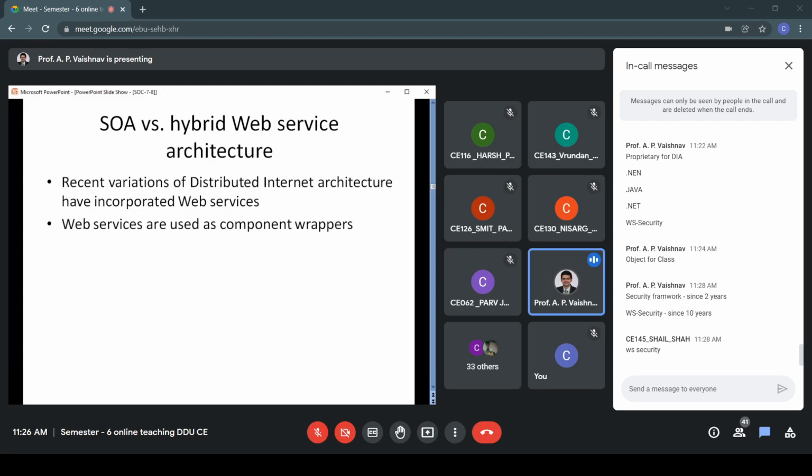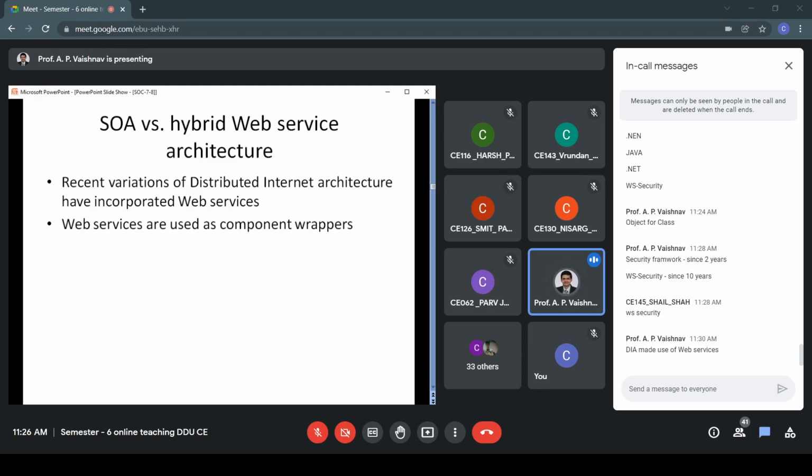In other words, the components used in DIA were encapsulated by web services, and then the services were given to the customers or clients for consuming purposes. So in this case, web services were actually acting as wrappers, or adapters in one sense. They were encapsulating the components. You can see that in the example. This first web service on the left hand side is encapsulating the first and second components. The second web service is encapsulating the third and fourth components, and so on.